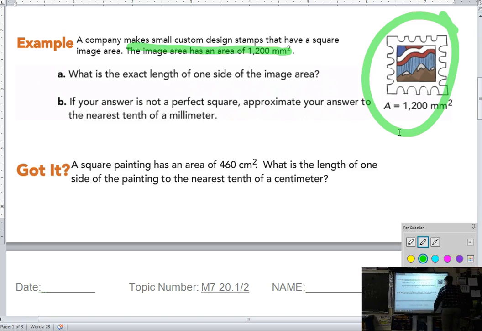So for this one, you get 34.64, and you round to the nearest tenth, so you get 34.6. Why do you round?